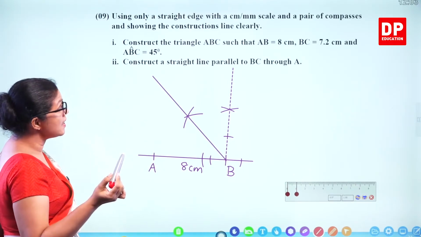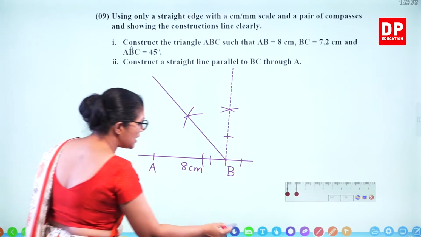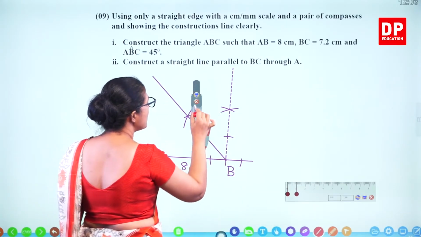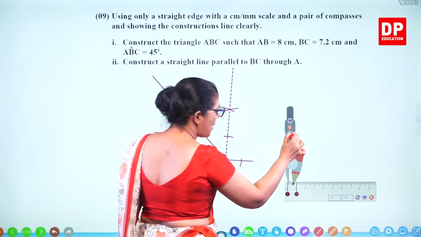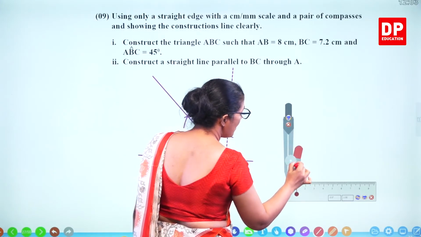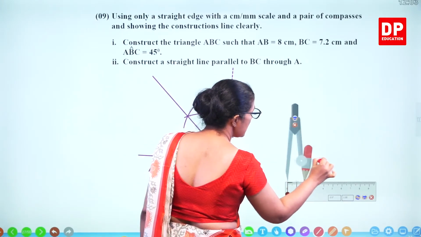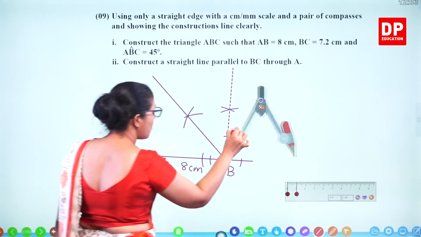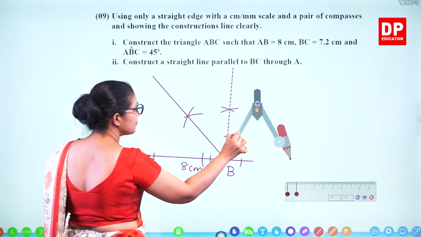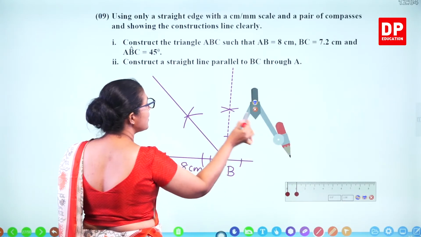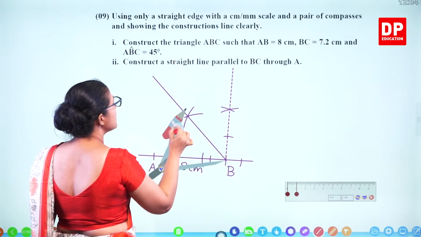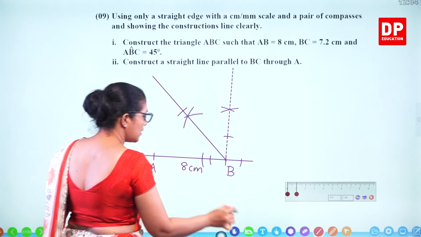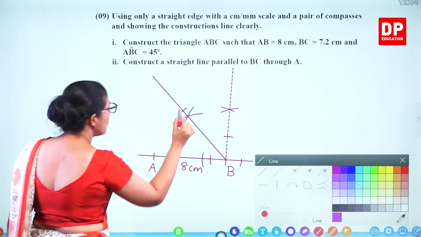Now what is BC? 7.2 centimeters. So take the compass and now you can measure 7.2 centimeters with the ruler and mark the C point. So this is point C. So we can connect now.